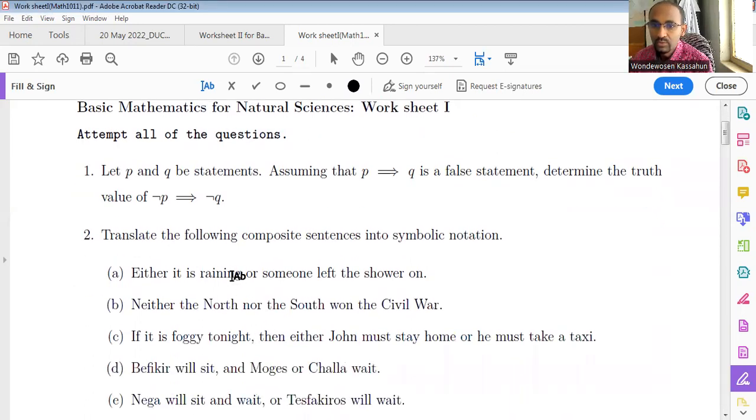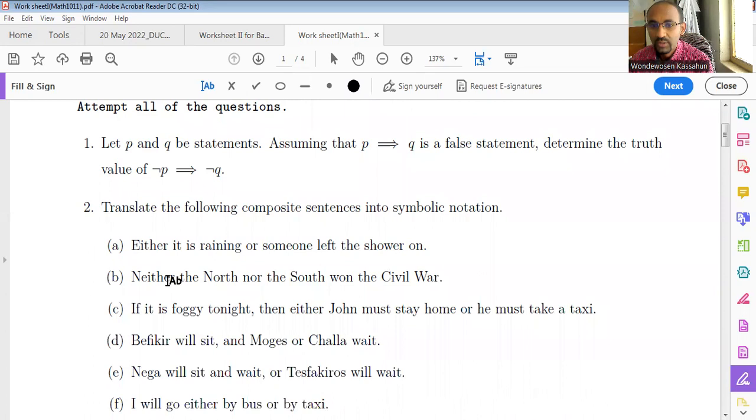So question number 2, translate the following composite sentences into symbolic notation. Okay, say for example the first one, either it's raining or someone left the shower on. So there are two component propositions here. One is it is raining and the other is someone left the shower on.